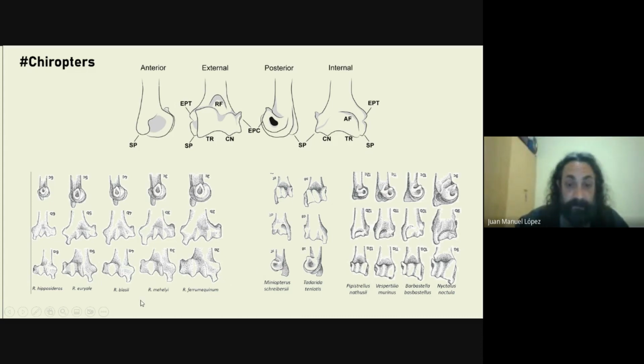A lot of the species that we can find are nowadays species, but you can find some of them in the archaeological or paleontological record during the Quaternary. The more common species that you can normally find are this one, Rhinolophus ferrumequinum, and Miniopterus, and this one that is a Myotis.